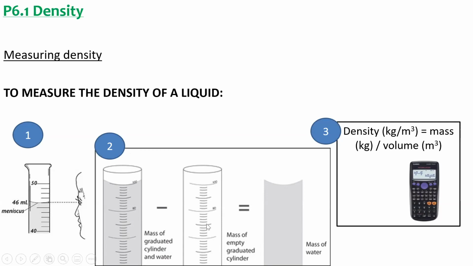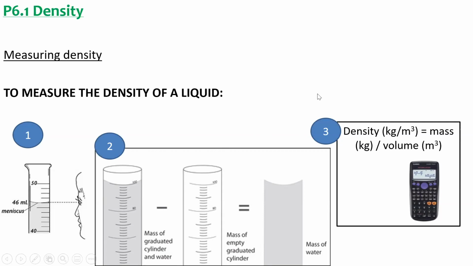Or you could put the graduated cylinder directly onto the scale, press the 0 button or tare, T-A-R-E, and then pour in the liquid. Okay, so it goes to 0, and then you can find the mass directly. Same calculation. The density is mass in kilograms divided by volume, on a calculator again.